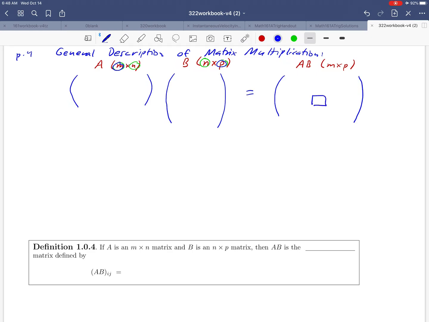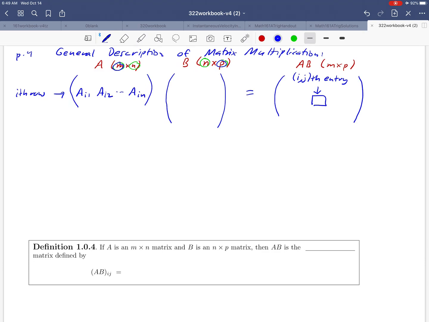Okay, so think of just picking out an arbitrary entry in the ith row and the jth column. We'll call that the ijth entry. We'd like to describe how we get that entry in our product matrix. Well, as we saw above, we take rows of A times columns of B, and in particular, we want to start with the ith row of A, which if we wrote it out formally would look like A_i1, A_i2, and so on until we get to the very last one in this row, A_in.